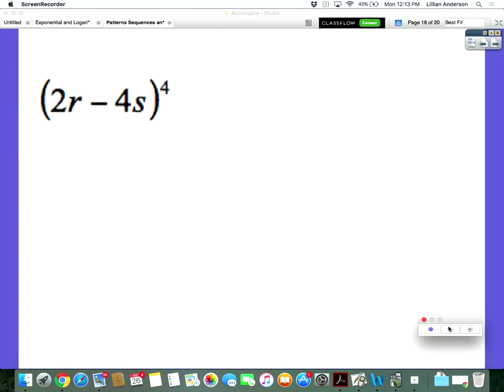So here we go. You had to expand this. It was to the 4th power, so how many terms should we have? 5. Count your terms. You have 5 terms? Yeah. Do your coefficients decrease?